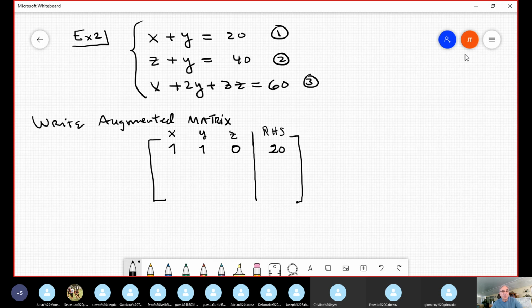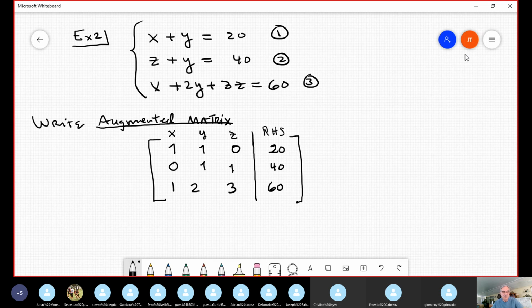And the second equation, I put it completely disorganized to confuse you. x is missing, y is 1, z is 1, and the right-hand side is 40. And the last equation is 1, 2, 3, and 60. End of the story. This is the augmented matrix associated with this system.